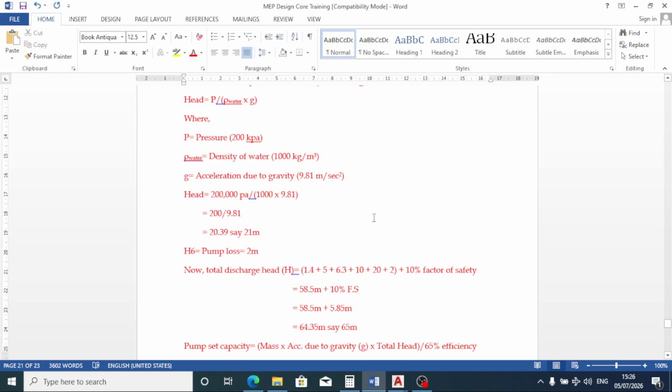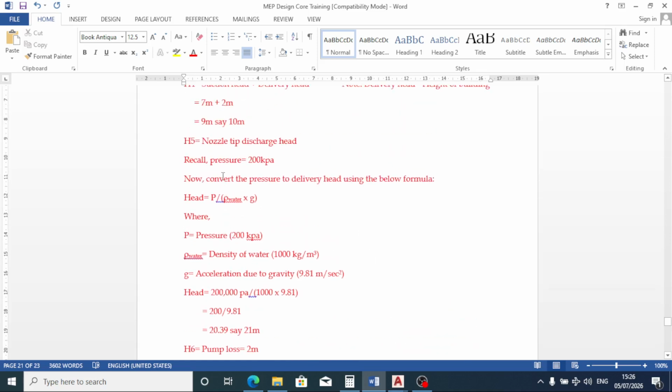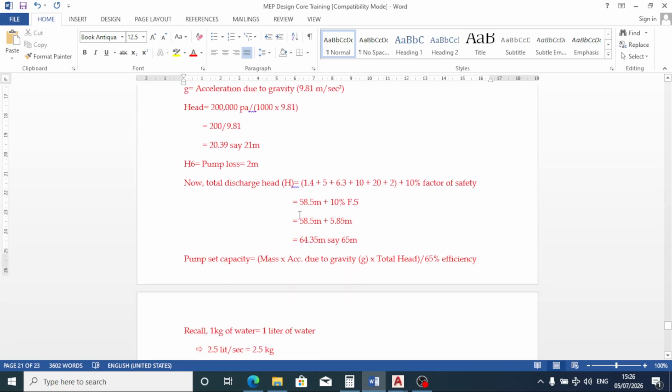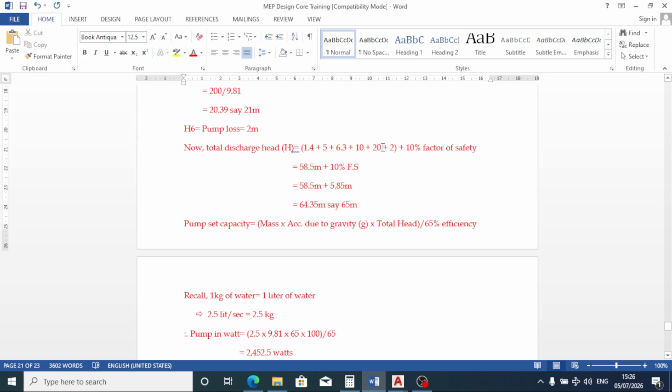And our H5 is 21, while our pump loss is 2 meters, which is H6, right, plus 10% factor of safety.